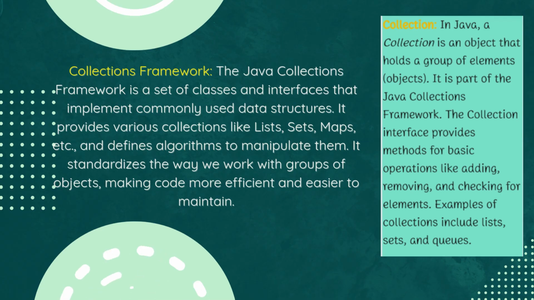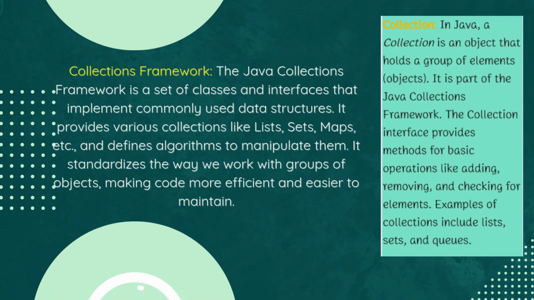It provides various collections like Set, List, Map, and so on, and it defines algorithms to manipulate them. It standardizes the way we work with a group of objects, making code more efficient and easy to maintain.